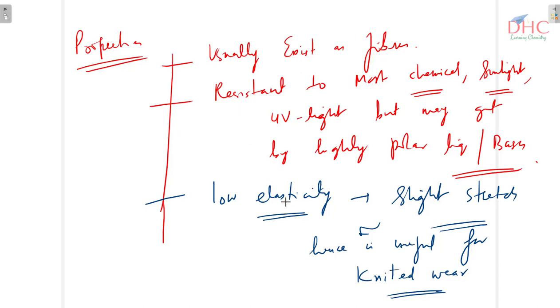So it's having low elasticity, means it doesn't stretch much. So उस हिसाब से जो है, it's useful for knitted wear. That means you are making clothes out of it. Next is drapability. It's having a good drapability.